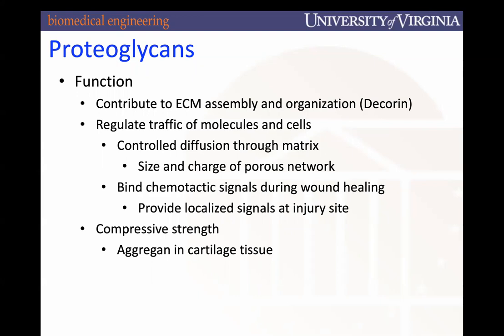Cells have receptors that enable them to bind to the GAGs or sometimes the core protein on these proteoglycans, and the porous network that they create also helps to regulate their ability to migrate and traffic through. When we talked about their compressive strength, that's particularly aggrecan in cartilage tissue.